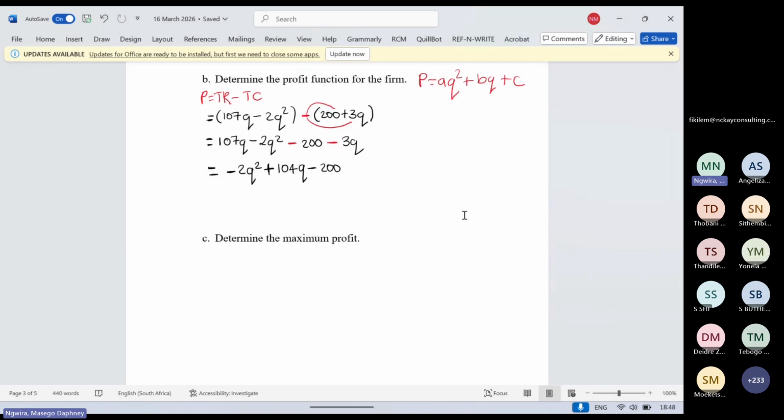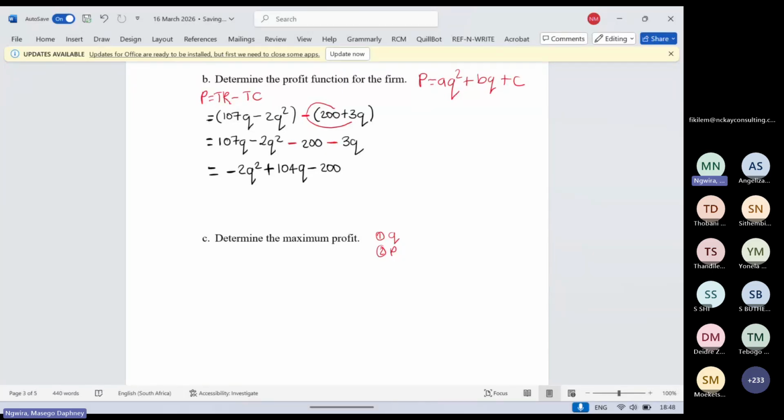C says determine the maximum profit. I said to you, when you determine the maximum profit, or maximum anything, step number 1, you first look for Q. When you are maximizing, 1, you look for Q. 2, you look for whatever. Here we're going to look for profit.